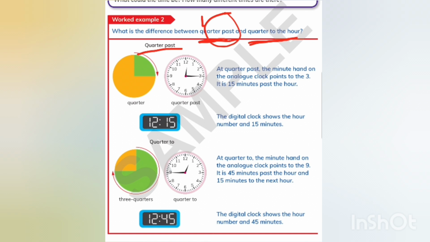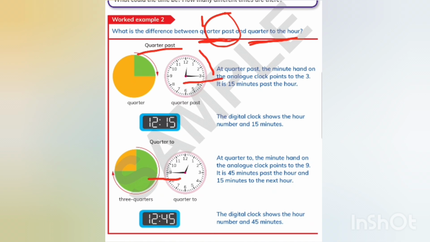And quarter to means that 15 minutes are going to be covered. So if the big needle is on 3, it means 15 minutes are gone. This is called quarter past. It means 15 minutes have completed.